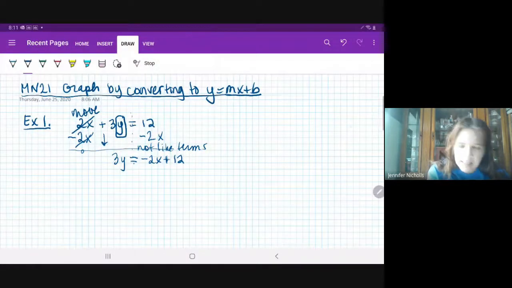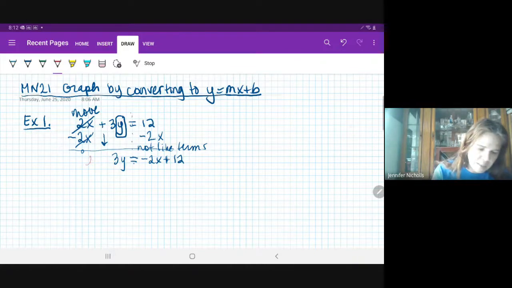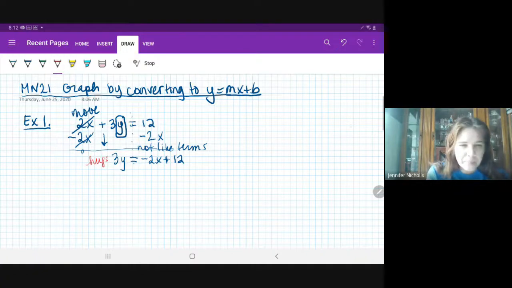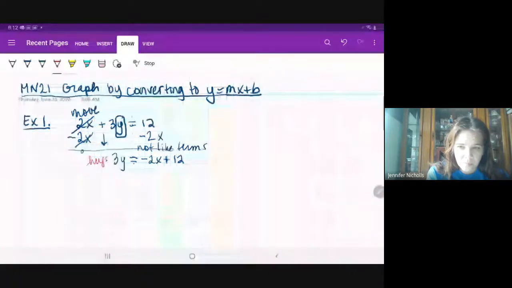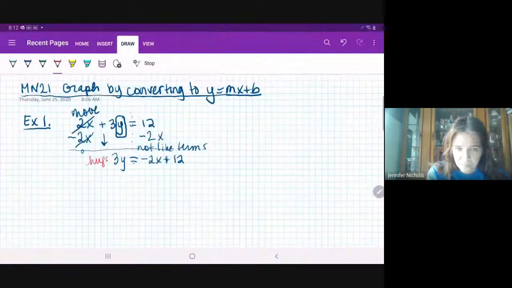Okay. Zyla, do you remember what we did with the 3? We did change colors. I don't know if that helps you. But what did we do with the 3? What do you think? What do we usually do with the hugs? Zyla, what do you think? What do we do with the 3?